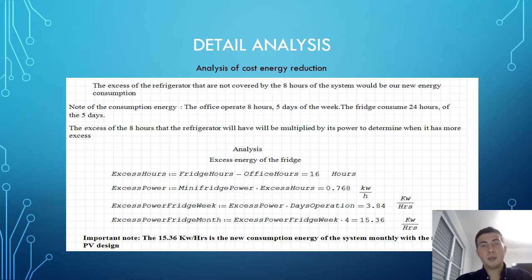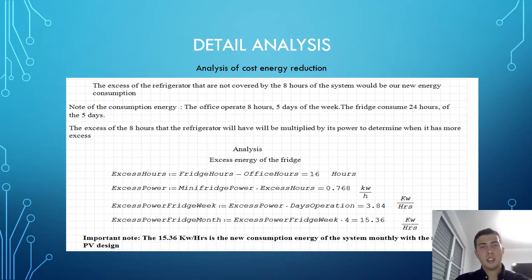The office operates 8 hours, 5 days of the week. The fridge consumes 24 hours, 5 days. The excess of 8 hours for the refrigerator, we multiply by its power to determine the excess.